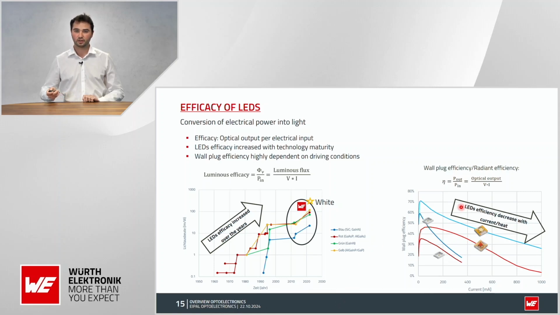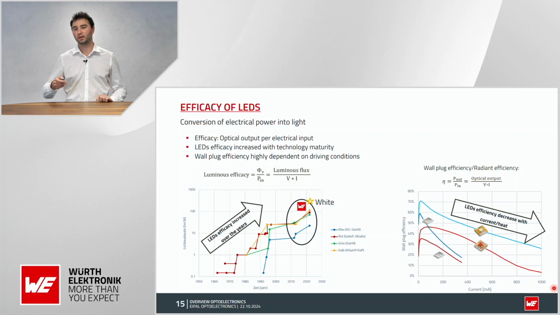On the other hand, another nice graph I want to show you is what happens with the efficiency when you change the temperature of the LED. The efficiency of the light conversion process inside of the chip is really dependent on the temperature of the chip itself.